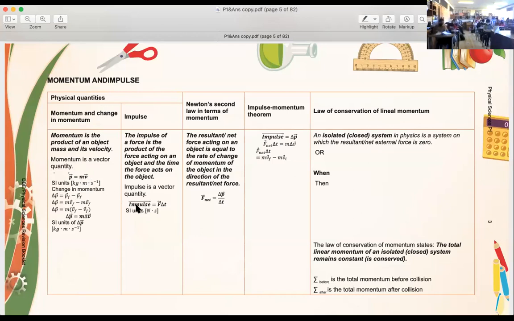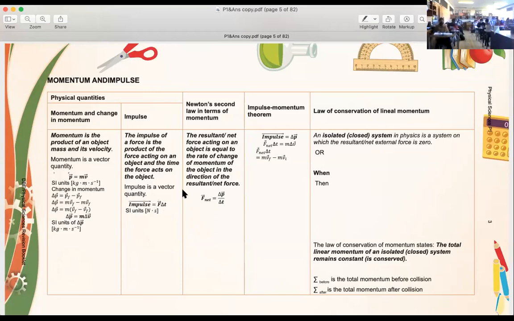Now look at this one. Impulse or change of momentum is equal to force times time. They normally write it like this: they don't use a thing called impulse. They use delta P equals force times time.